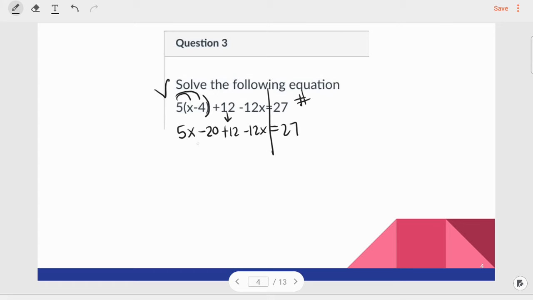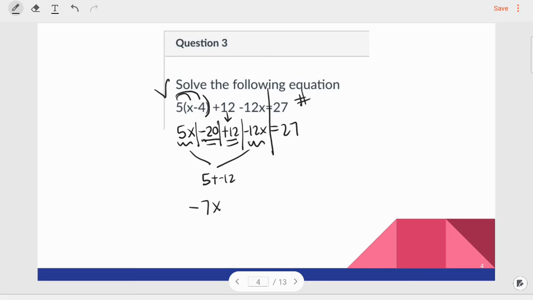Again, I can only have one variable, and right now if I separate out my terms, I can see that I have 2. I have 5x and I have negative 12x. Because they're on the same side, I'm just going to add them together. And that gives me negative 7, and they were x's. Now I also notice that I have this term, negative 20, that's a like term to positive 12.